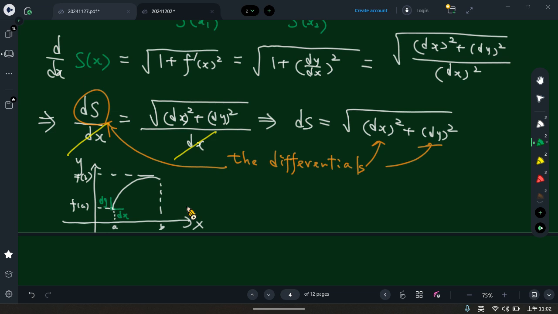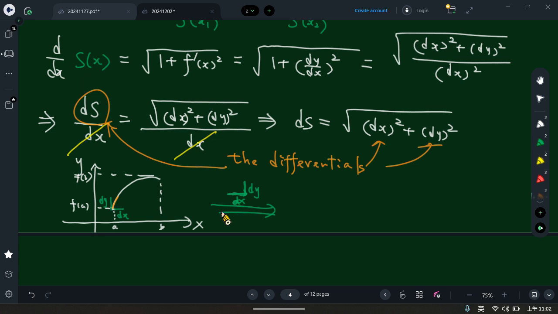So with the dx change and dy change, it will cause a very small change in the arc length. So you even can see here is just a line, here is just a line dx. Then we have a small dx, and we also have a small dy.